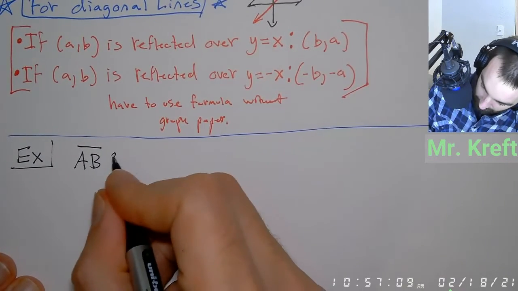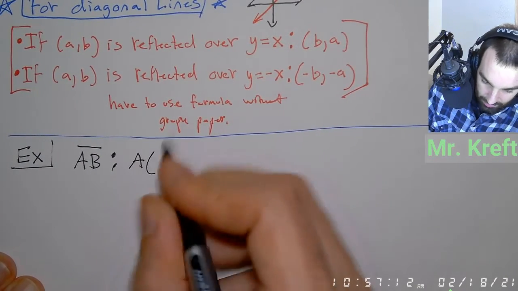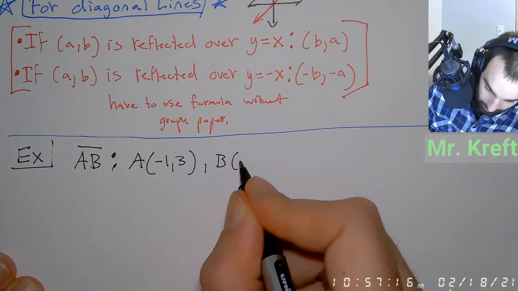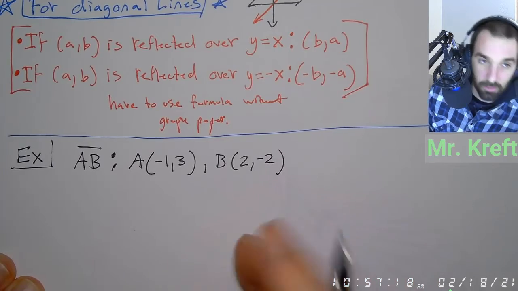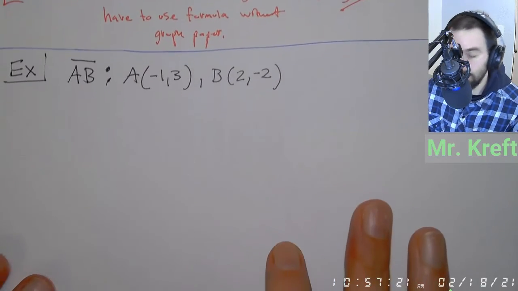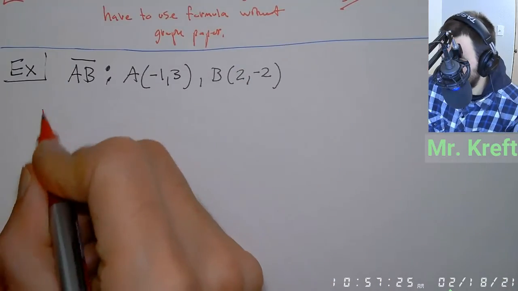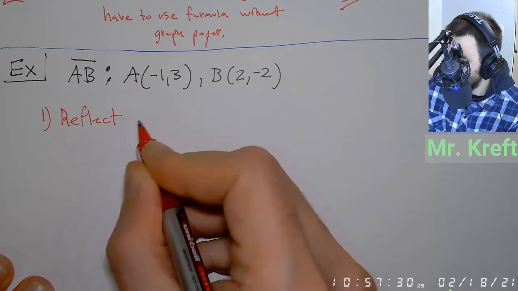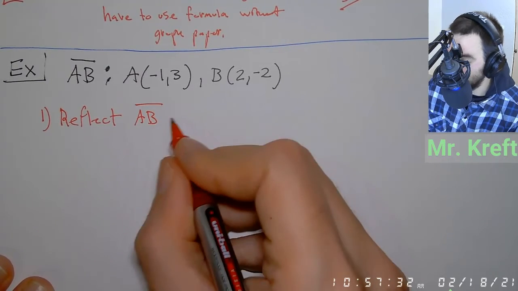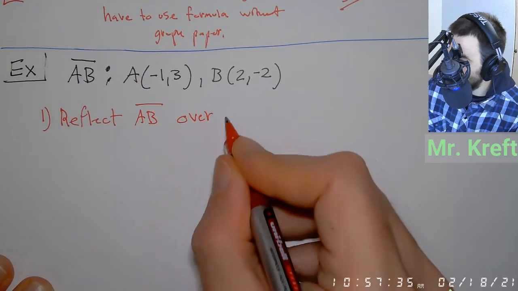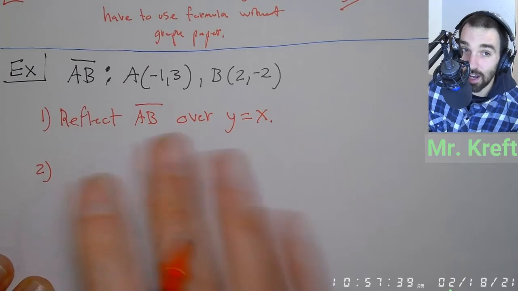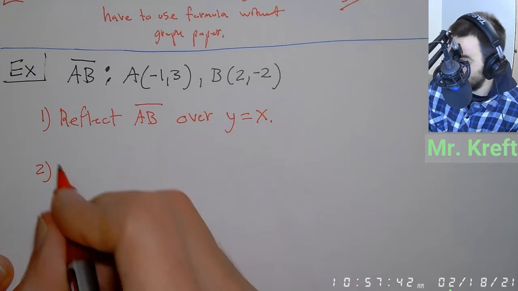Okay, so I have segment AB, and A is (-1, 3), and B is (2, -2). I'm just making up numbers. So get that down. We're going to do 3 reflections. We're going to reflect segment AB over y equals x. This is not composite, so they're not building on each other.